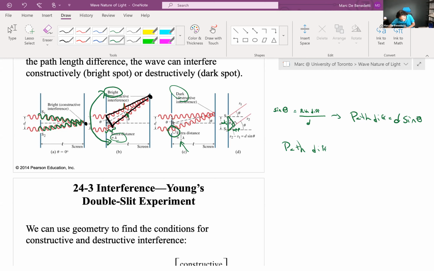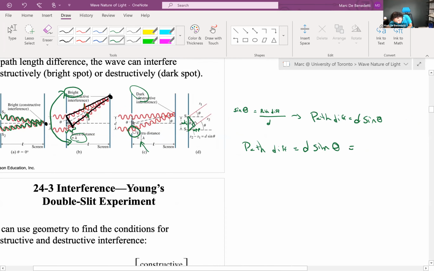But anyway, that means that this path difference, which is equal to d sine theta, we also could possibly equate to m lambda, right? If the path difference is a whole number multiple of lambda, then we're going to get a bright spot.